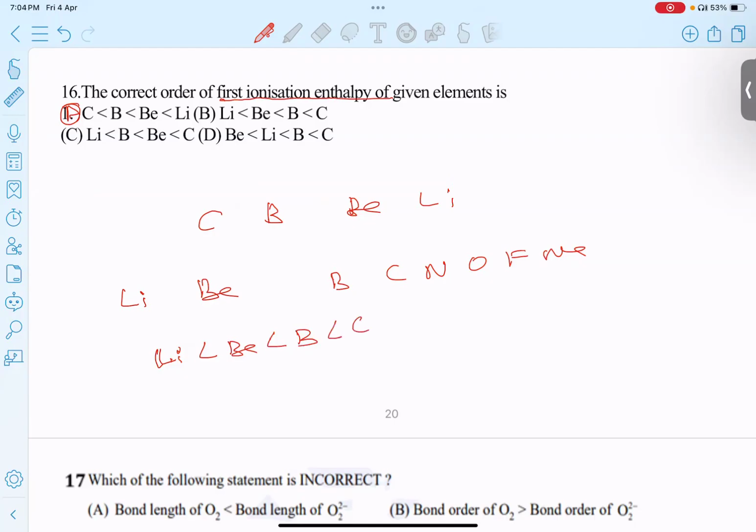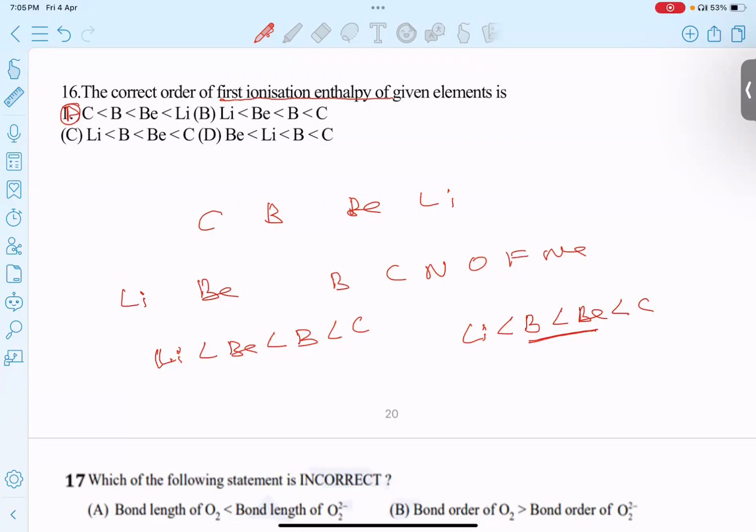But the actual sequence is lithium less than boron, less than beryllium, then less than carbon. So here there is a change between boron and beryllium because of their electronic configurations.